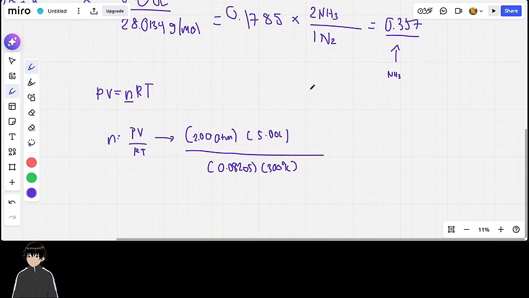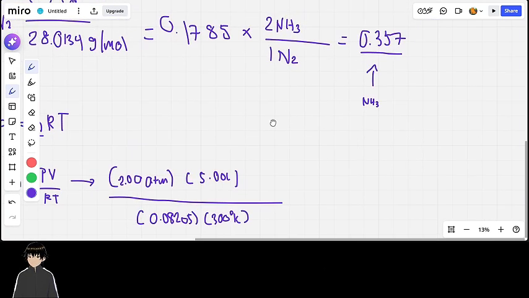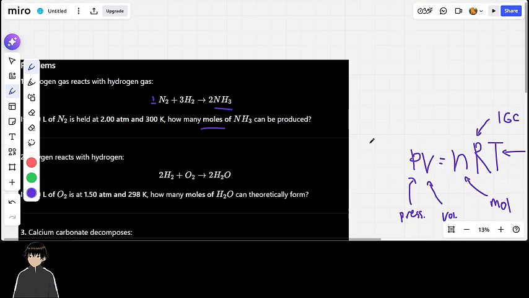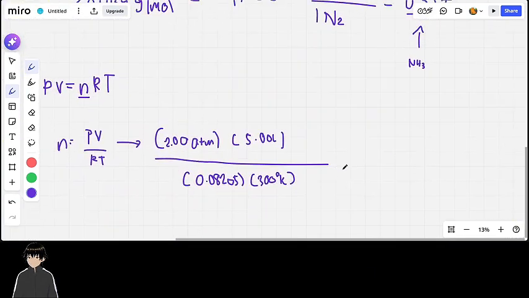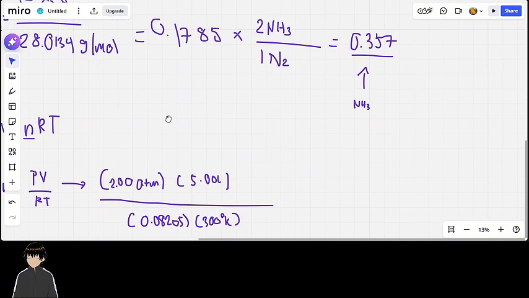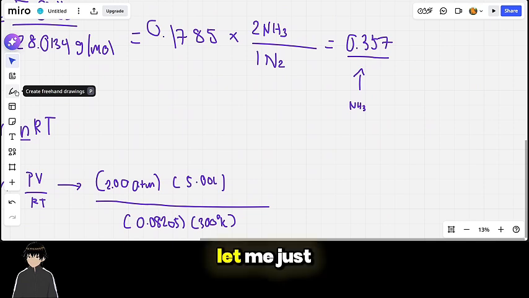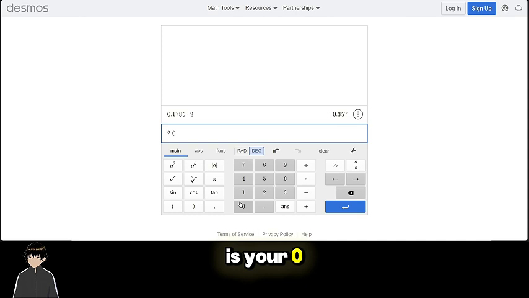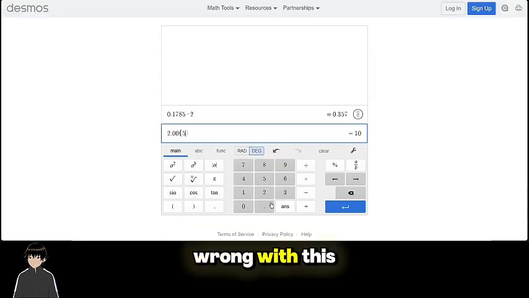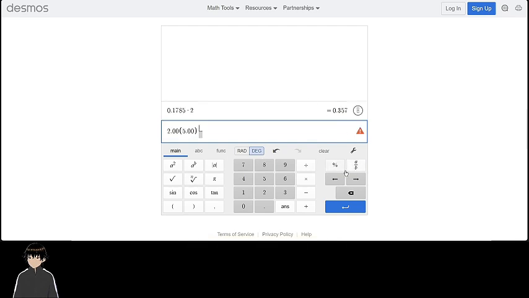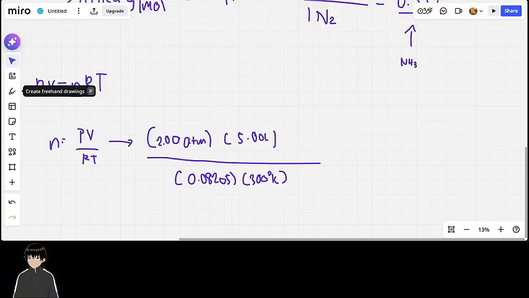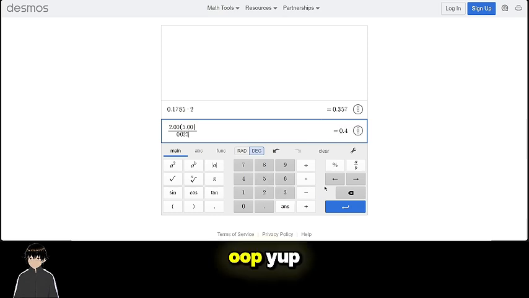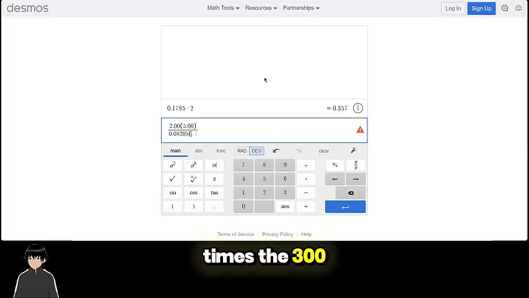Let me see if I'm doing this right. 2.0 times 5.00, divided by 0.08205 times the 300 Kelvin.